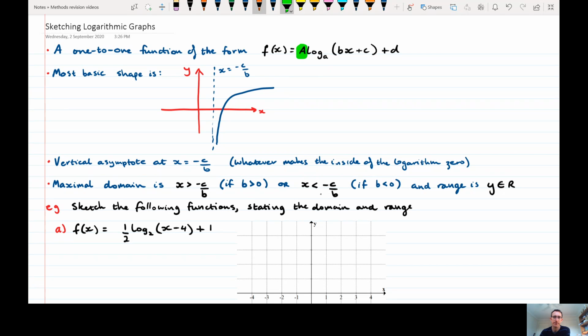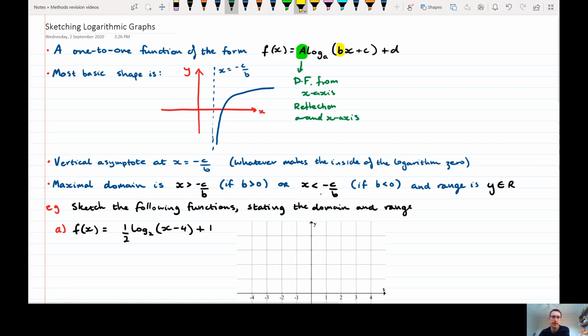This value of a is the dilation factor from the x-axis, stretching it up or squishing it down. And if it is negative, it gives you a reflection around that same axis, the x-axis.